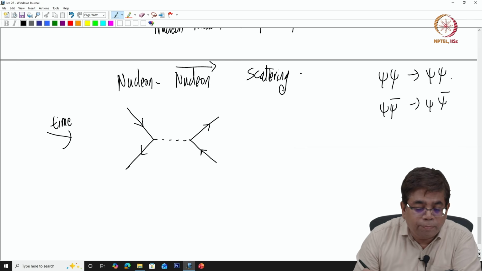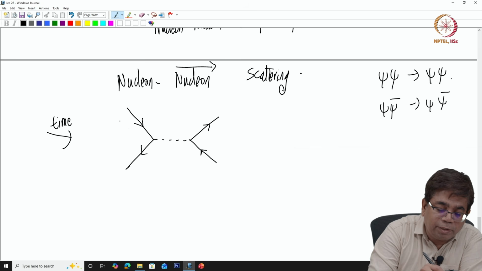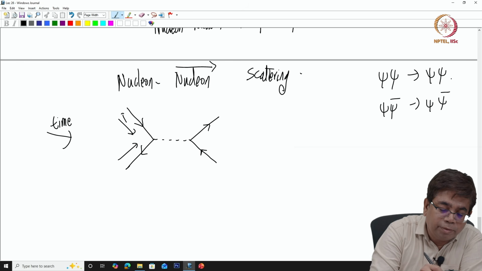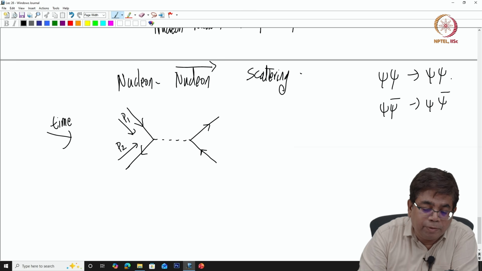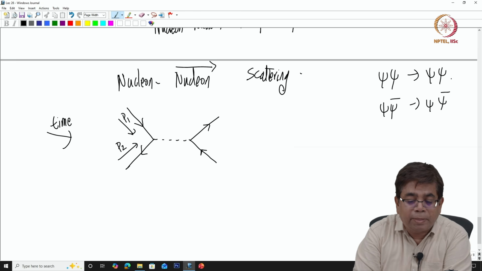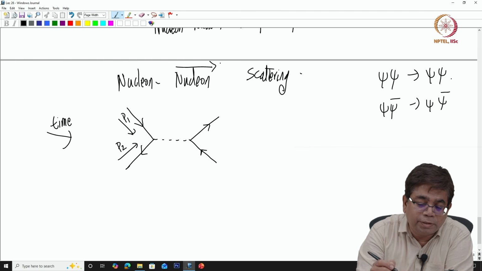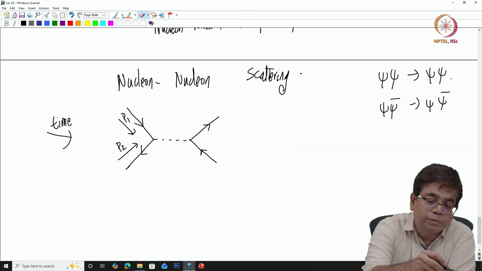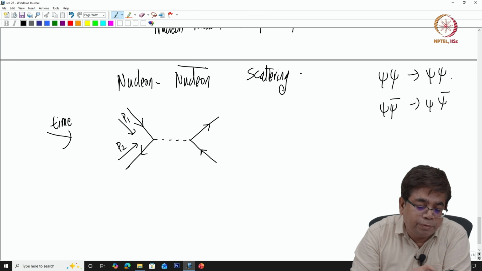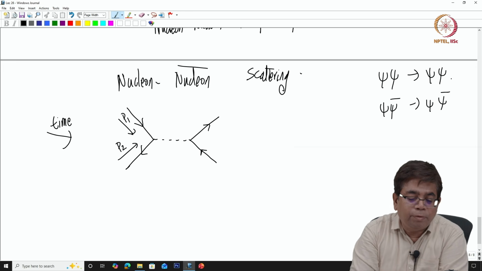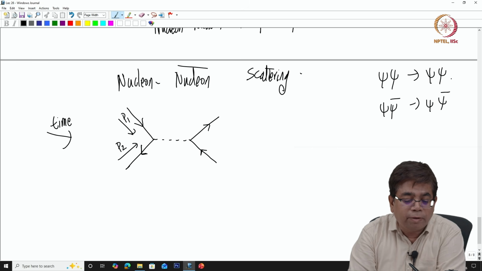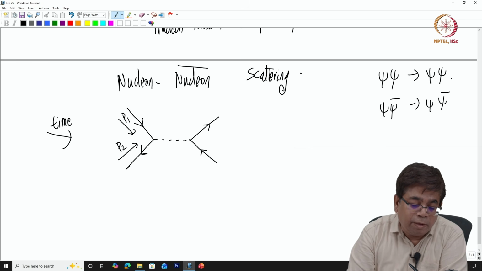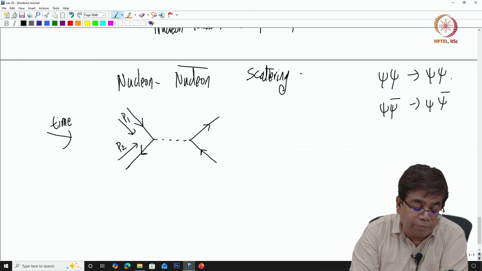Okay. Now you have to be careful with the momentum directions here, both of them are incoming. But because this is an antiparticle, this is nucleon bar, so this is an antinucleon. Because it is an antinucleon, you have a direction on the Feynman line which is opposite compared to the incoming particle line.